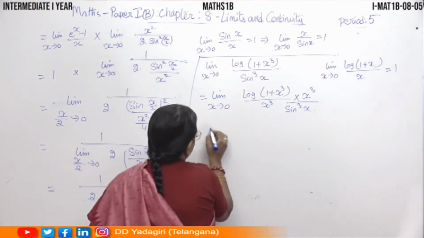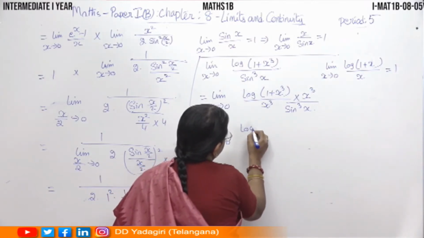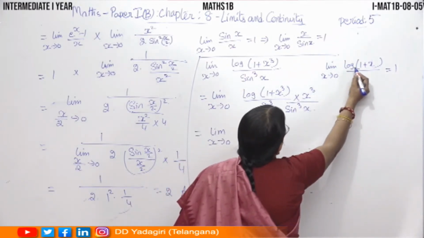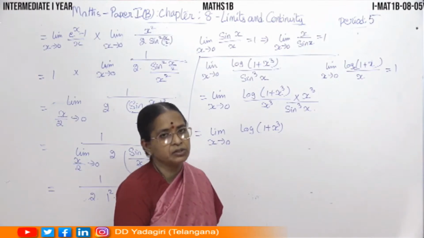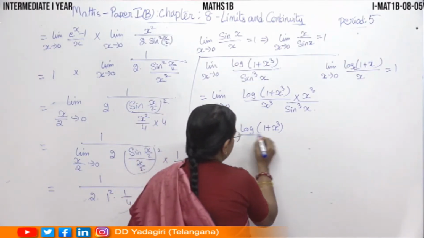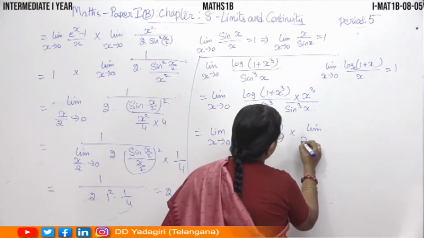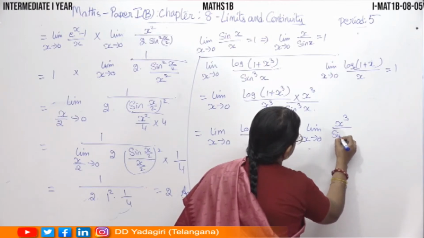Here, base is e. When base is not mentioned in calculus, you have to take it as e. It is understood.